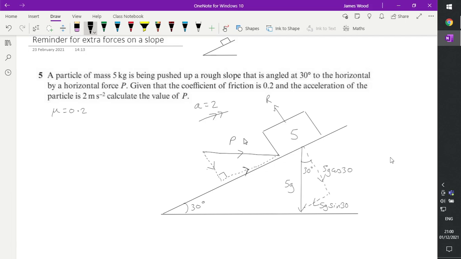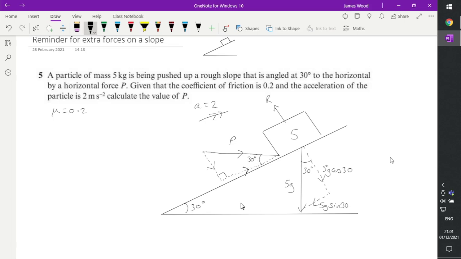Now in terms of the angle in this triangle, notice that we get this nice Z shape, which means that if this is 30 in here, then this must be 30 in here, because P is horizontal, so it's parallel to the bottom. So if this is 30, then this is 30, because they form alternate angles. So we can say that this angle here is also 30.